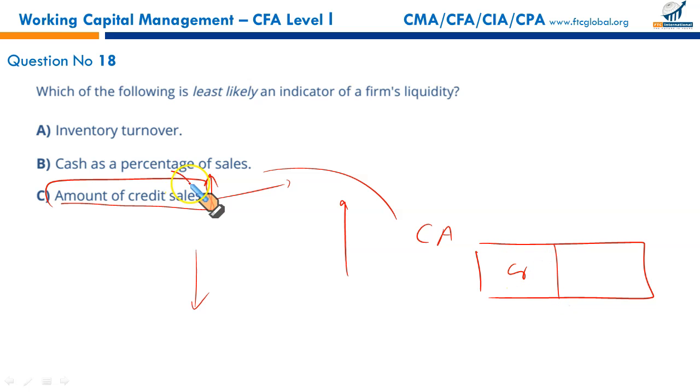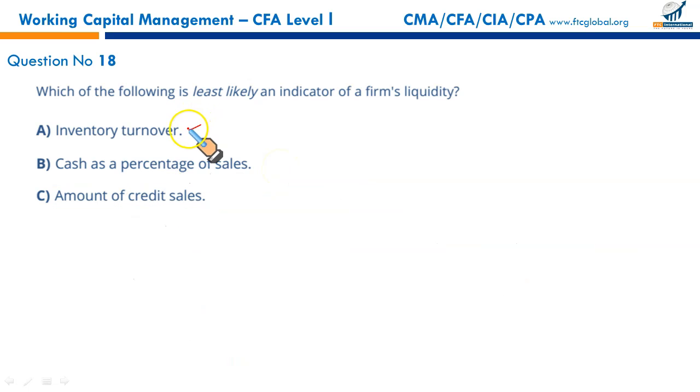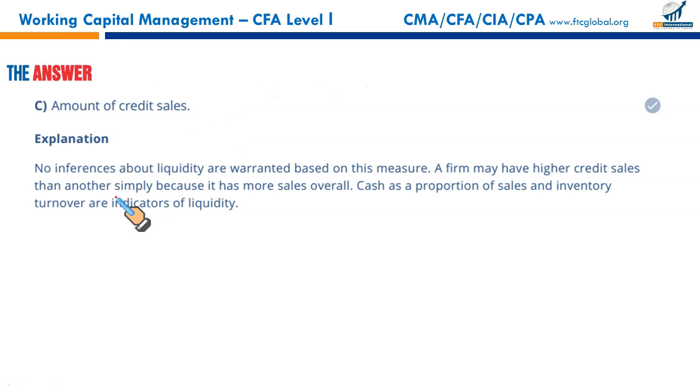So just by looking at the credit sales, we can't say whether the business has liquidity issues or not. Maybe 10% of your sales are credit, and this 10% could be $100 million because the business is big. So this alone is not enough to conclude that the business might have liquidity issues. But these two are. Credit sale itself is not a measure of liquidity unless it is compared with some suitable numbers or we have more data to draw a conclusion. So that makes C the correct option.